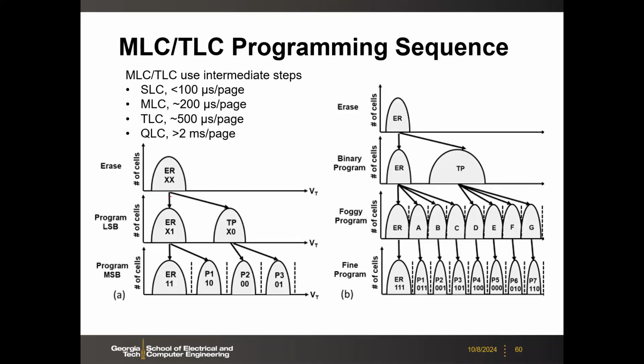Some devices, when you program the LSB, split from the erased state. Some of them you will program to some intermediate state. This is an intermediate step. You are not going to program this to your desired target right away.